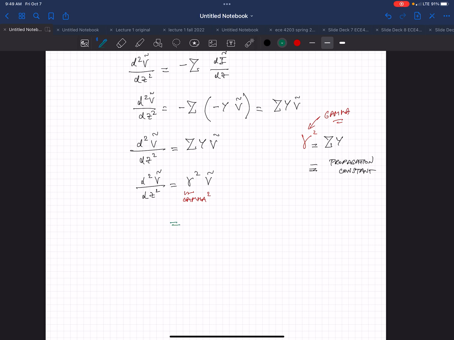Now we have a real and imaginary part. The fact that we added these resistors means generally this gamma is going to have an alpha plus j beta form. Don't forget what alpha and j beta are for a second. But basically you're going to have a complex solution. Sorry, I'm going to put this as gamma.